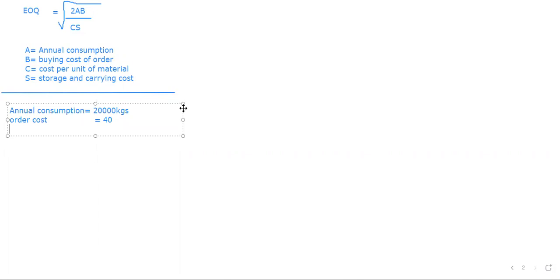And the cost per unit, that is per kg, is 4 rupees. And the storage cost they give is 8%, or it can also be taken as 0.08. We will take it either way.